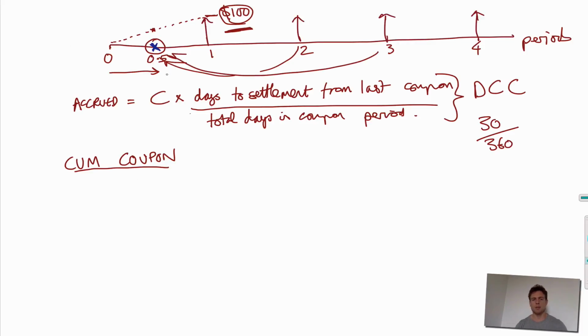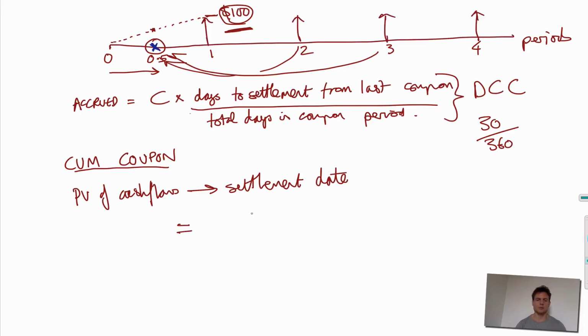So that price, the PV of all the cash flows to the settlement date, excuse my handwriting again, that is called the dirty price, right? Dirty price.